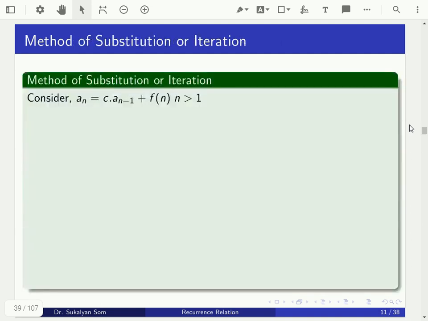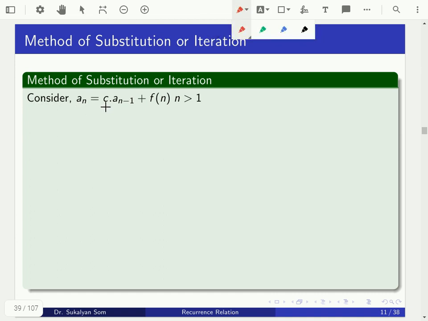relation. For the sake of simplicity, we consider a linear recurrence relation whose order is 1, and let us consider that the general form of the recurrence relation is a_n equals some constant c times a_(n-1) plus some function f(n), where n is greater than 1.